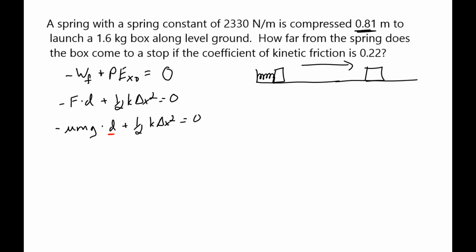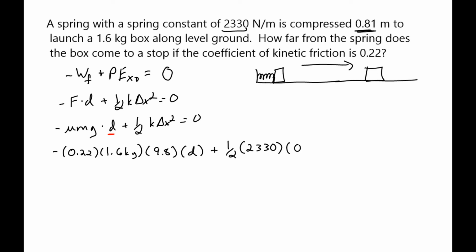Alright, spring constant is how stiff the spring is. Yeah, it's right here. Alright, so we got negative, it is not unitless, 0.22. Mass is 1.6 kilograms, 9.8, times distance, which is what we're looking for, plus 1/2 times 2,330 times 0.81 squared equals 0.